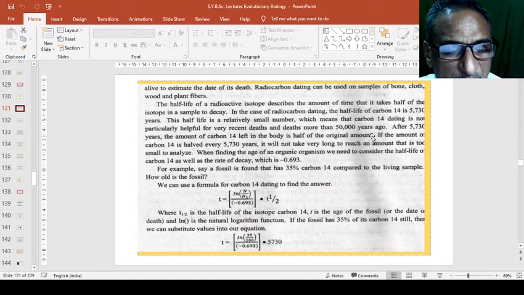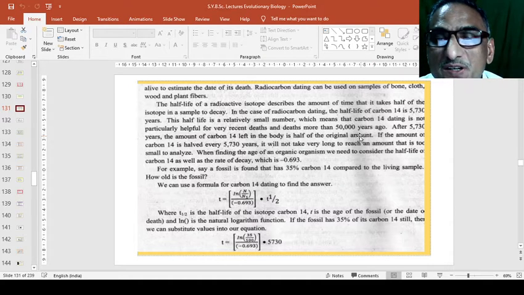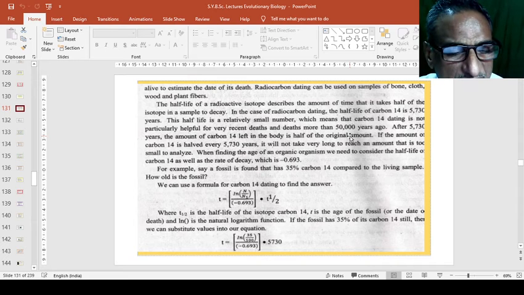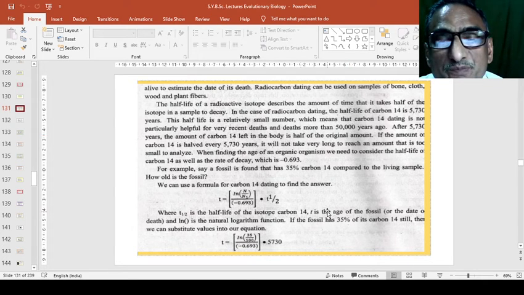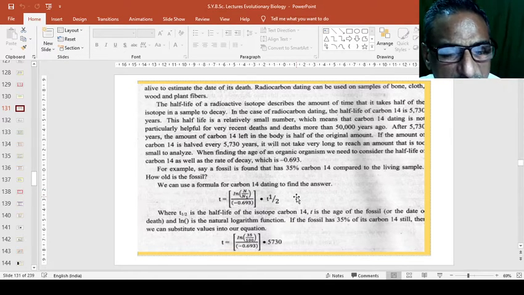These are the best ways to determine the age of olden things. So we can use a formula for the carbon dating method.